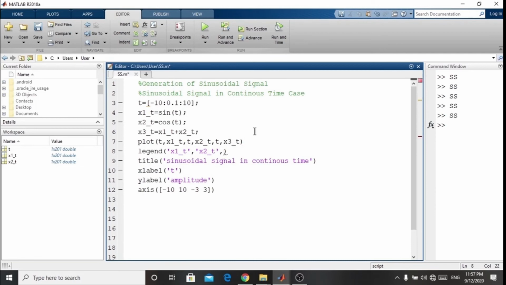In the legend function also let's include its name as x3 underscore t. Now let's run this code and obtain the graph.